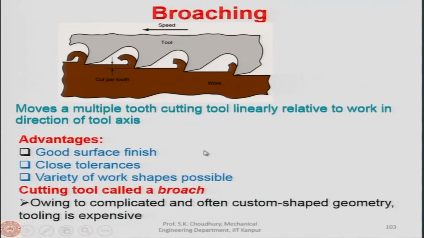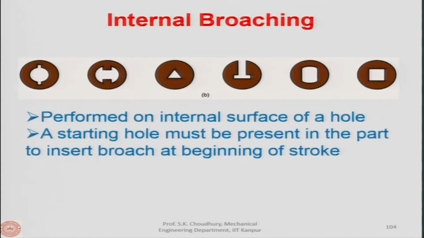So, instead of making just the tips where the cutting process will take place, the entire broach tool has to be made with that same material. That becomes very expensive, and that is why the broaching process sometimes becomes more expensive than other processes.